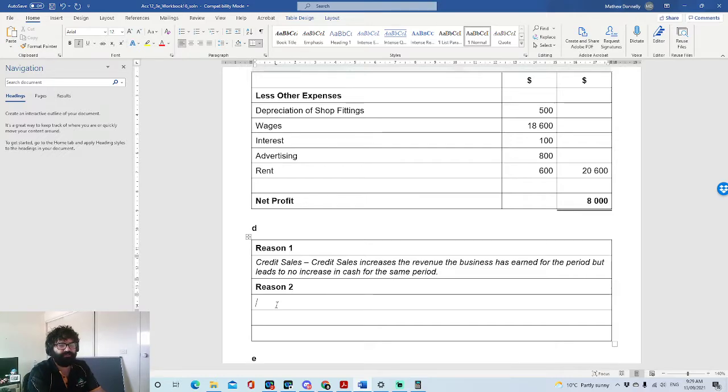On that note, so number 2, what do I pick from the cash flow statement? We'll go drawings. Drawings decreases, actually, no. We'll go payments to accounts payable.